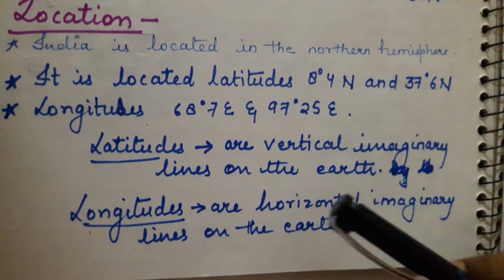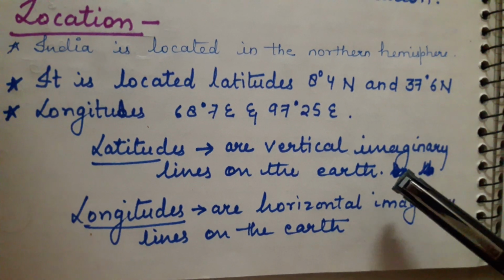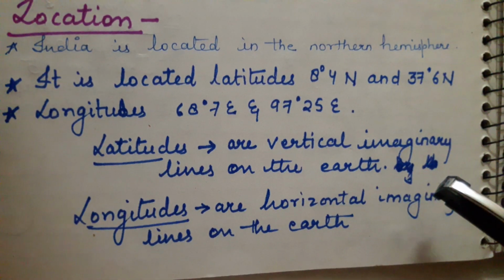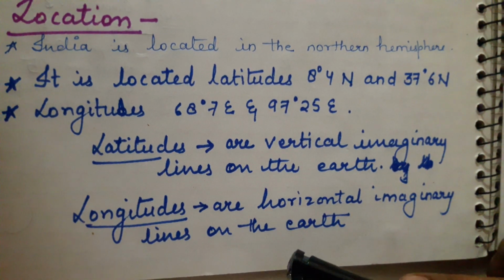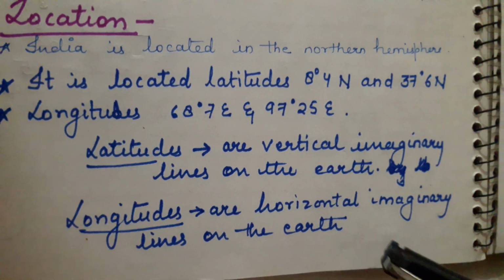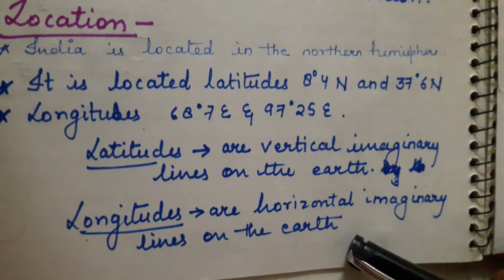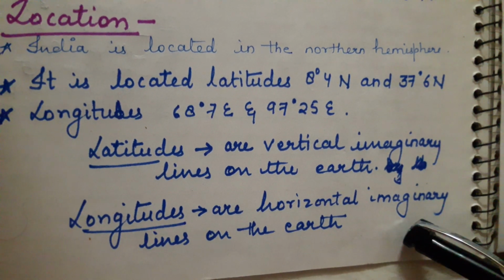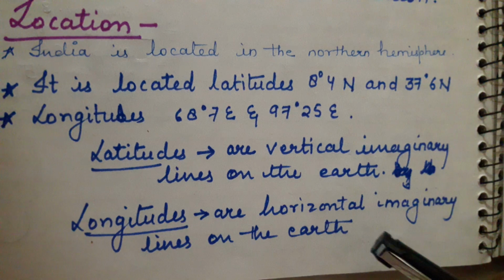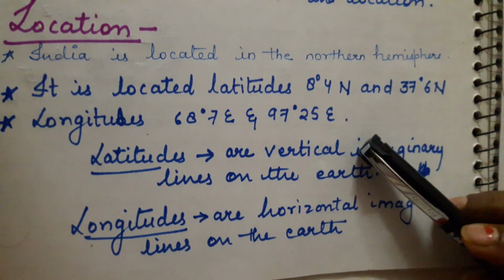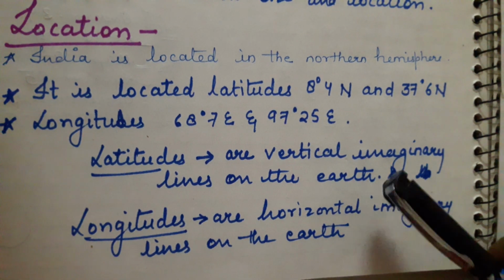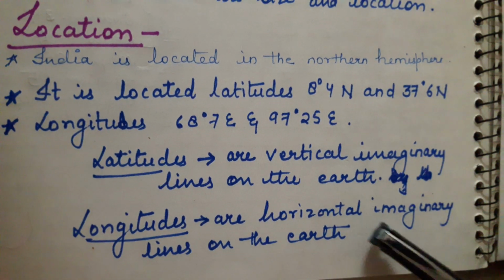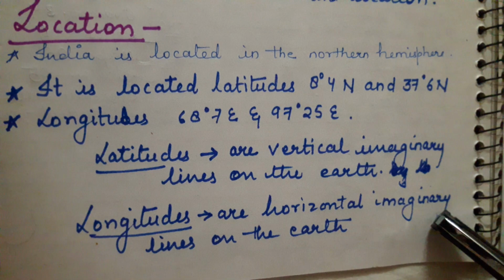The longitudes are also imaginary lines, but their position is different. So now it is clear that latitudes and longitudes are imaginary lines, with latitudes running horizontally and longitudes vertically.